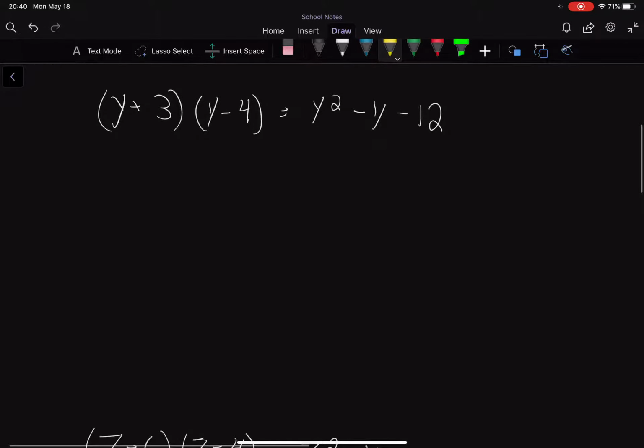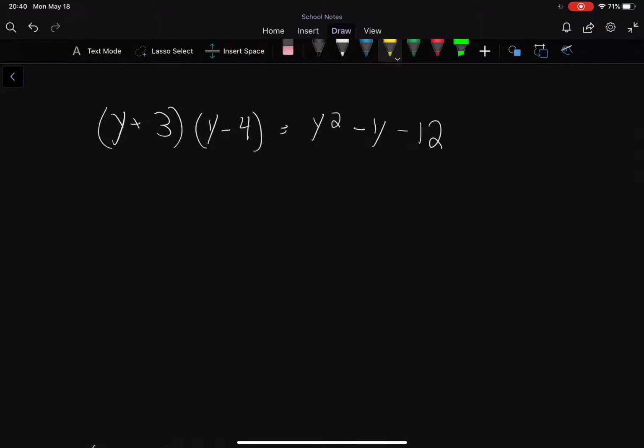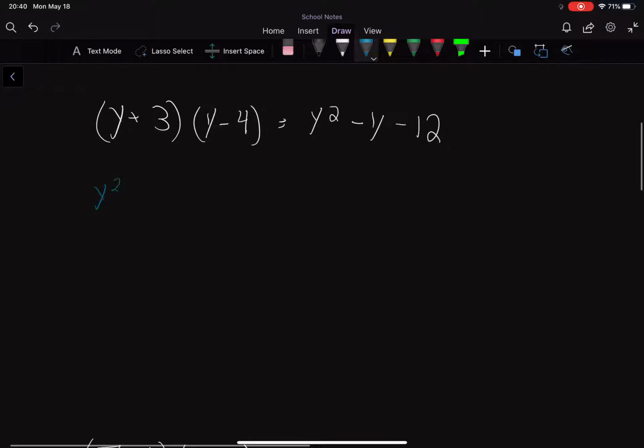So in this case, we have y plus 3, y minus 4, and that's going to be equal to y squared minus y minus 12. So let's double distribute. We got y squared. We're going to get plus 3y minus 4y minus 12. So now we're dealing with a negative c. So in this case, minus 12. So we have negative 12. What are our factors?